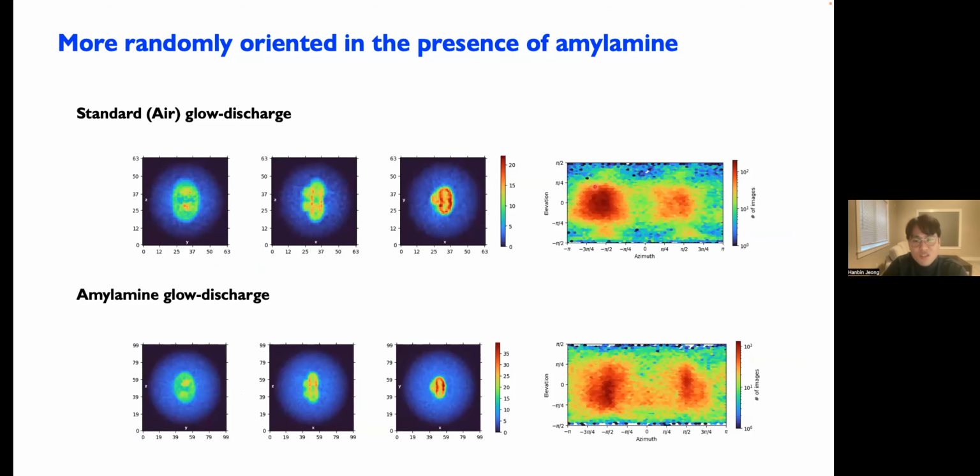And as you can see from these two direction distribution figures, the orientation issues somehow get better after I use amylamine glow discharge.